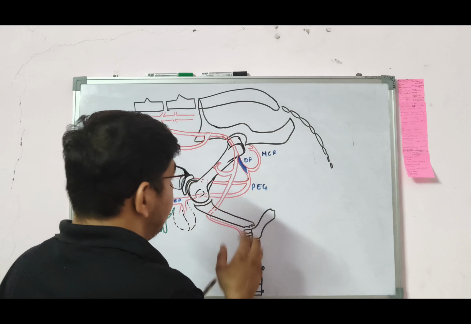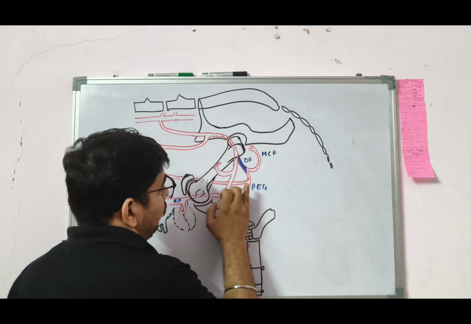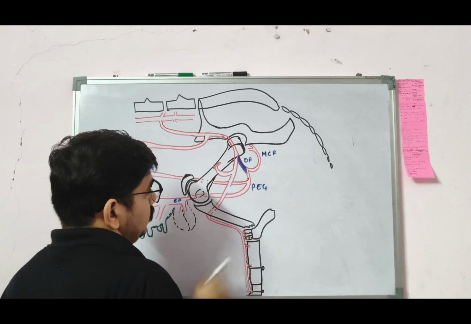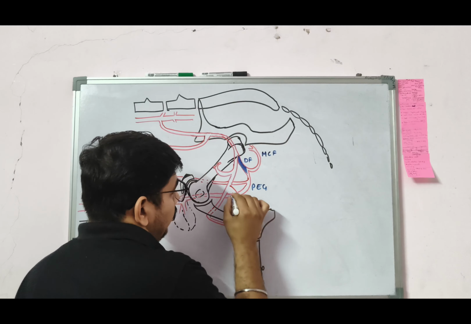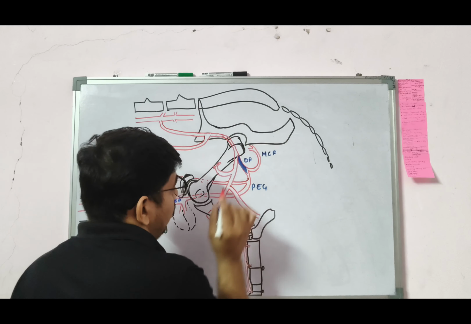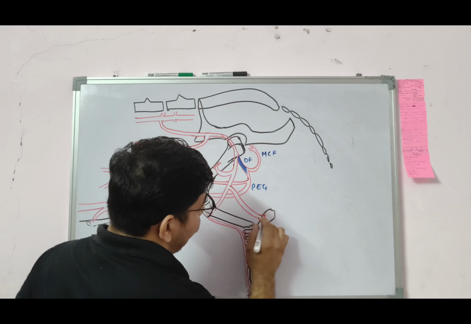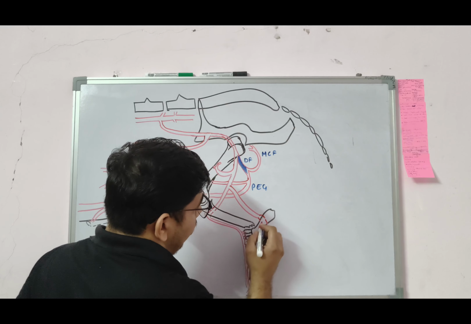Now the next is saphenous. Saphenous emerges from this region and goes downward to the fibular tarsal. Here it bifurcates and goes, one goes medially and the other goes laterally.